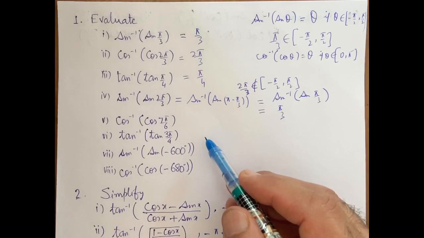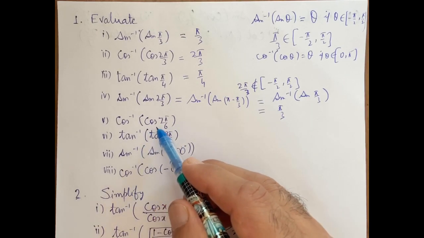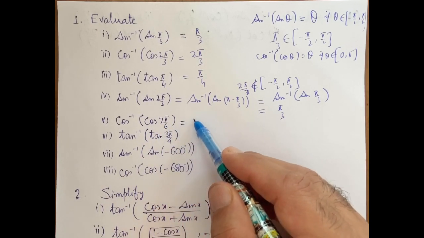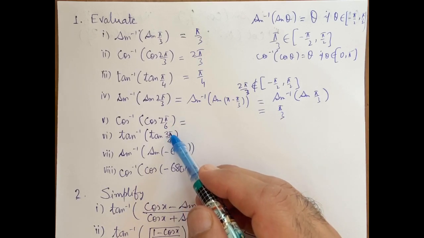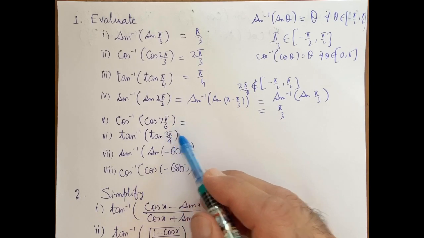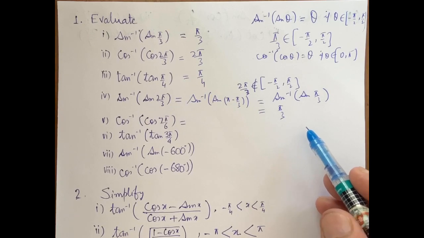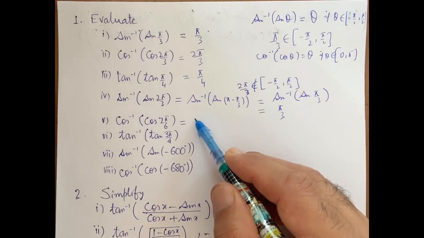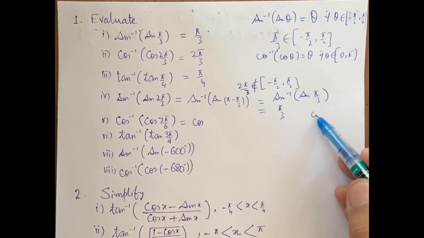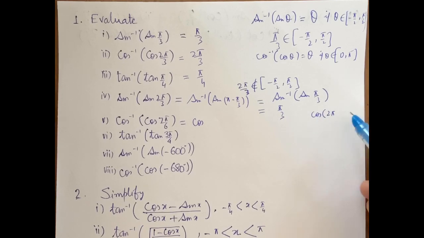Similarly, for the next one, cos inverse of cos of 7 pi by 6. This is not 7 pi by 6 because 7 pi by 6 doesn't belong to the interval from 0 to pi. We use cos of 2 pi minus theta is equal to cos of theta.